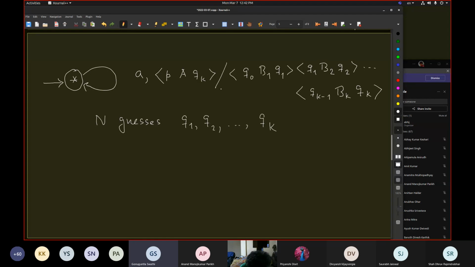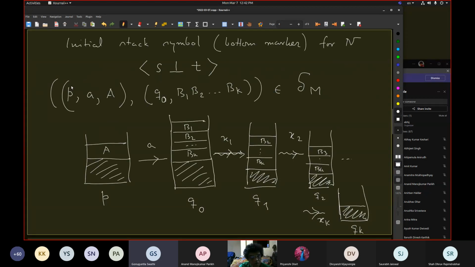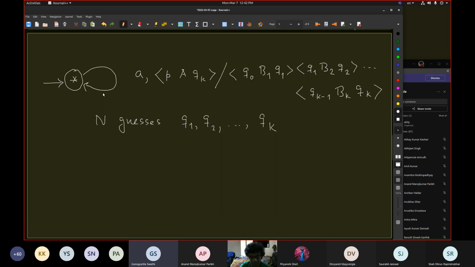For all possibilities of these, it will add this transition. If anything works, it's fine. If nothing works, then definitely the original machine also cannot get rid of this A. So that's actually the end of the construction.